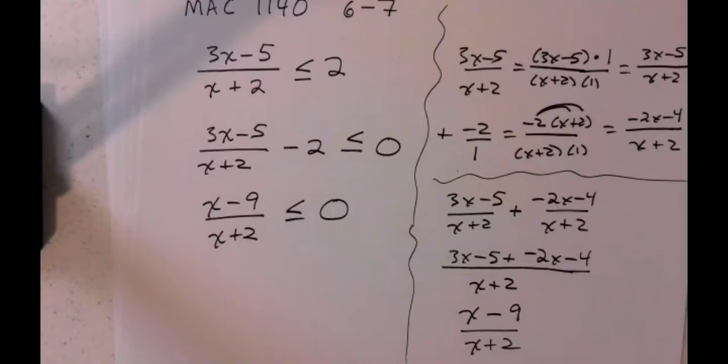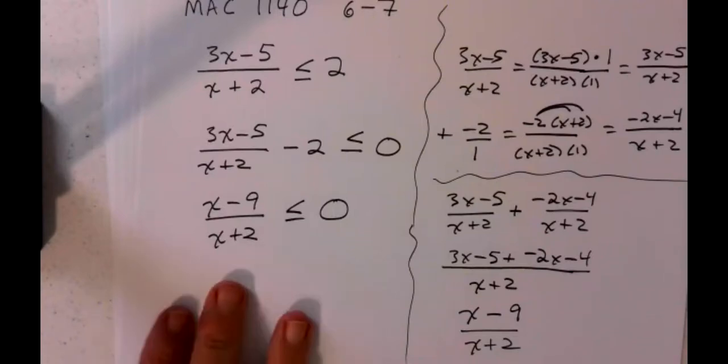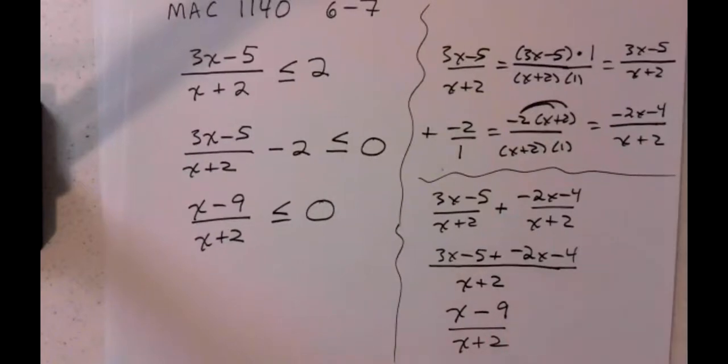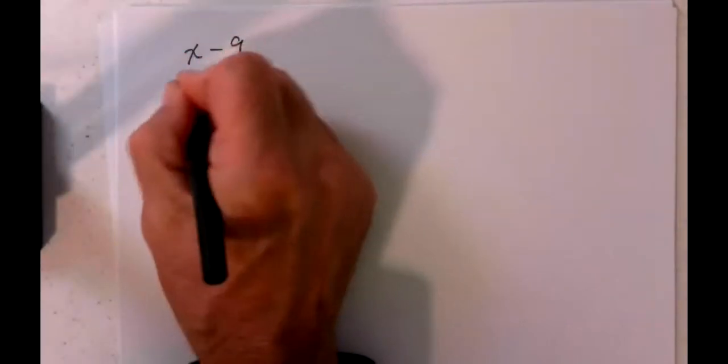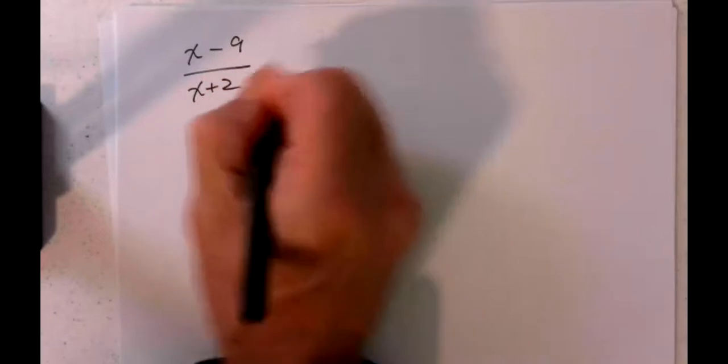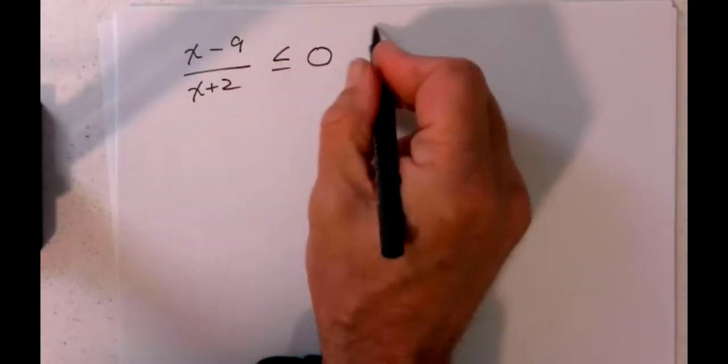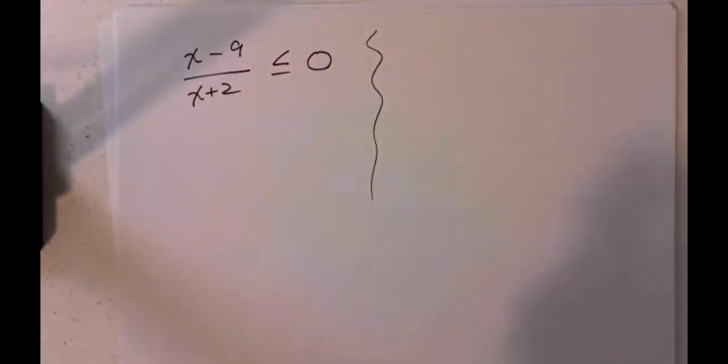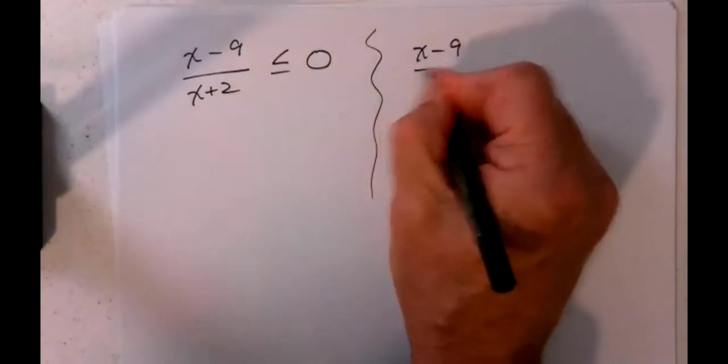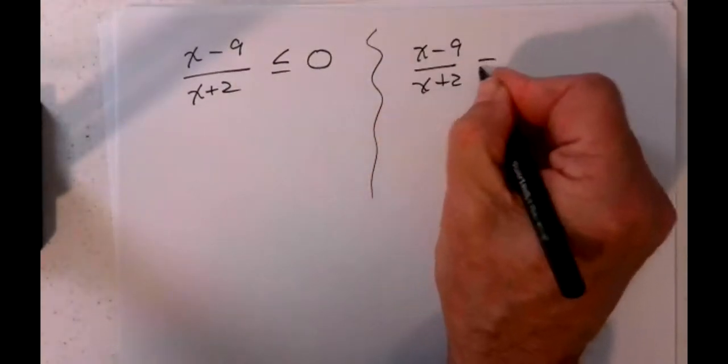Well, to do this, we're going to go ahead and solve it as an equal and then do our various tests to see which intervals are true and which intervals are false. So let's do that. (x - 9)/(x + 2) equals 0.